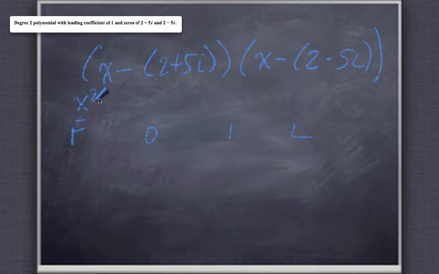First, x squared. Outside is minus x times 2 minus 5i. Inside, minus x times 2 plus 5i. And then last is plus 2 minus 5i times 2 plus 5i.